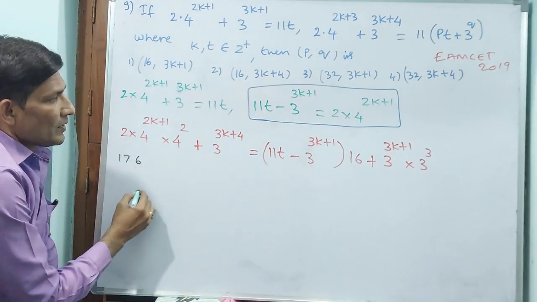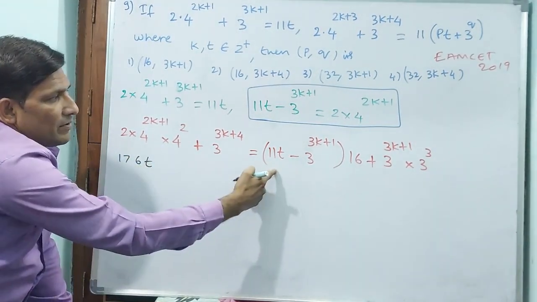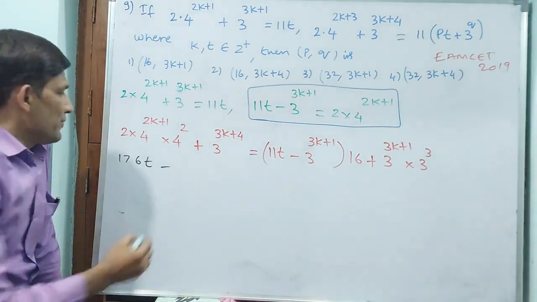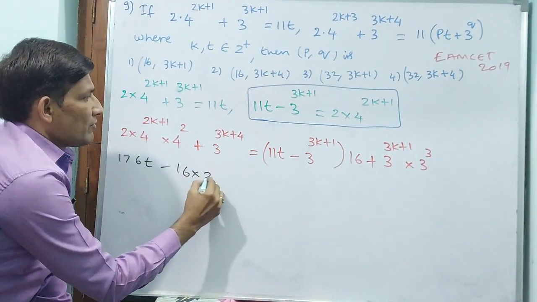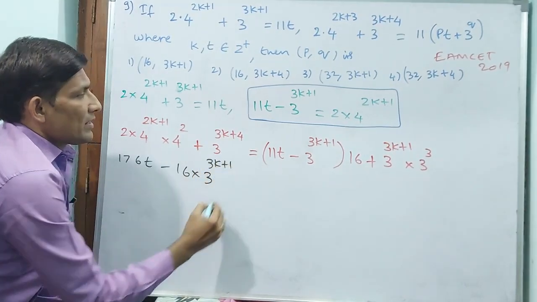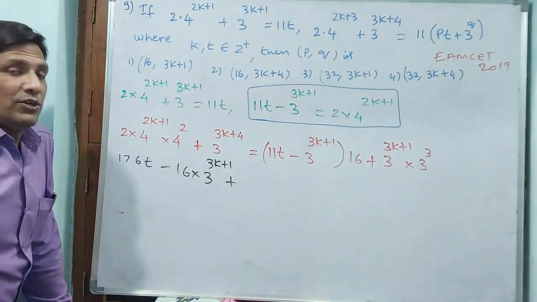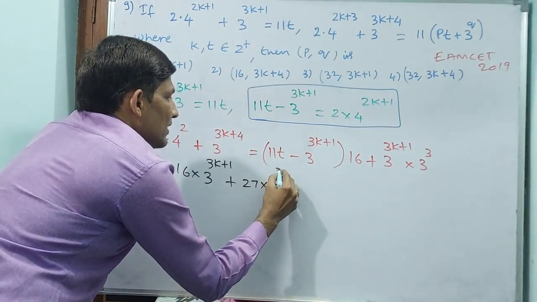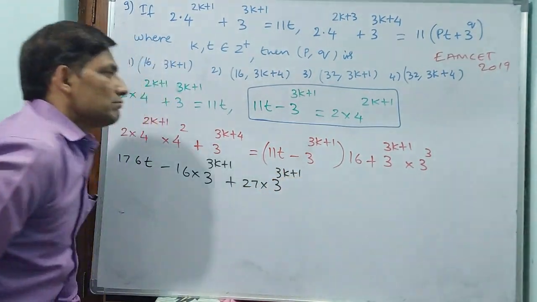176t minus 16 into 3 power 3k plus 1 plus 27 into 3 power 3k plus 1. Is it okay?